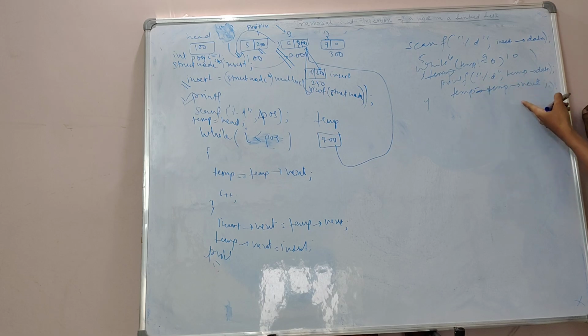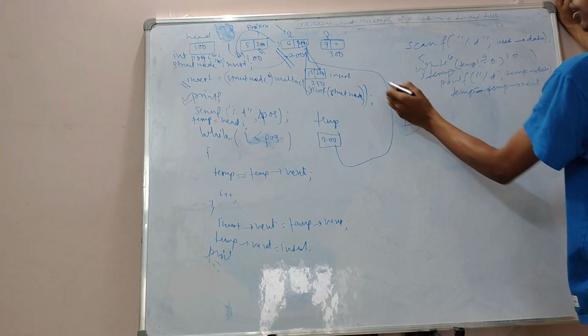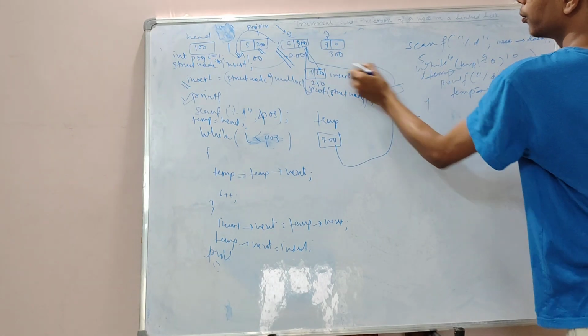So suppose it has printed 5, and then temp will store the new address, that is 200. So temp will now point here.